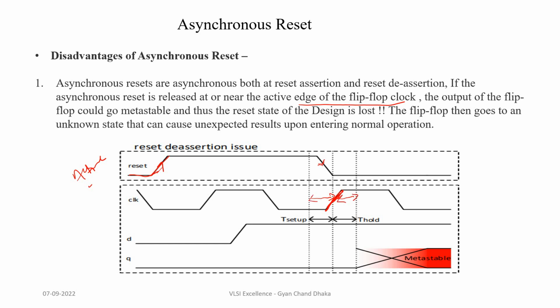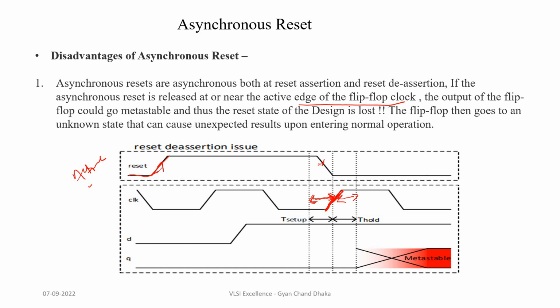So if the reset deassertion happens in this window, the flip-flop can go into a metastable state, because during this window the flip-flop is controlled by the clock signal, and when the reset signal is changing in this window, the flip-flop gets confused about what should be propagated to the output, either the reset signal or the input data signal.